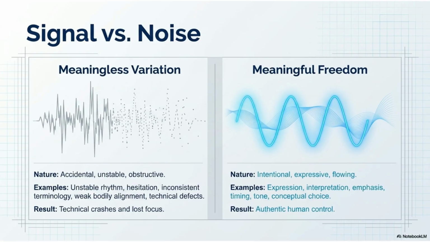But meaningful freedom is the signal. It includes expression, interpretation, timing, tone, conceptual choice, and human perspective. So the goal is not to remove all variation. The goal is to reduce meaningless variation so that meaningful freedom can appear.